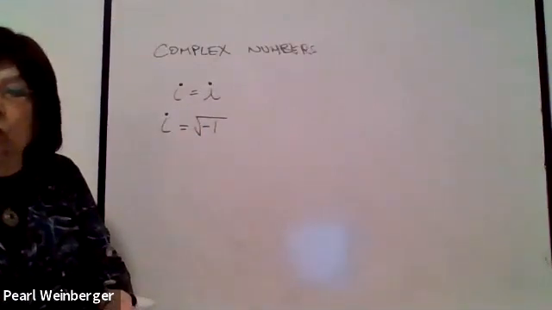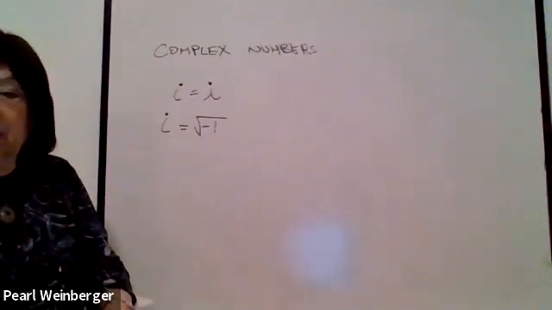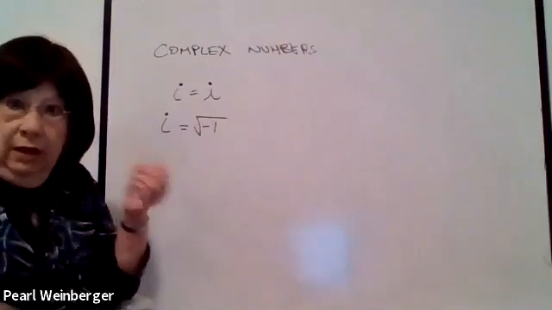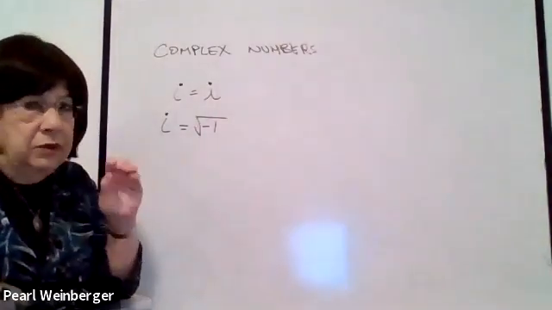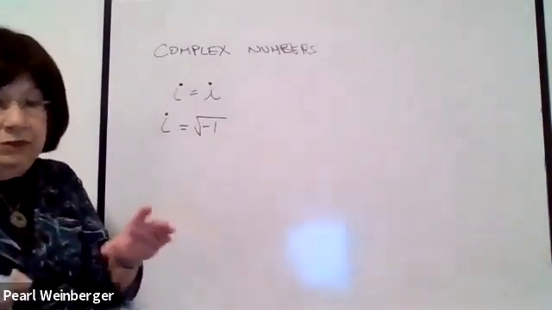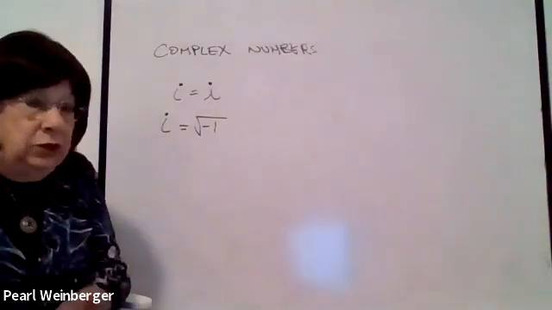That's why we use the term i for it, because sometimes it's called the imaginary number. It's not that it's a figment of my imagination. It's just to tell you this number is not part of that regular number system that we call the real number system. Something that's not real, let's call it imaginary.